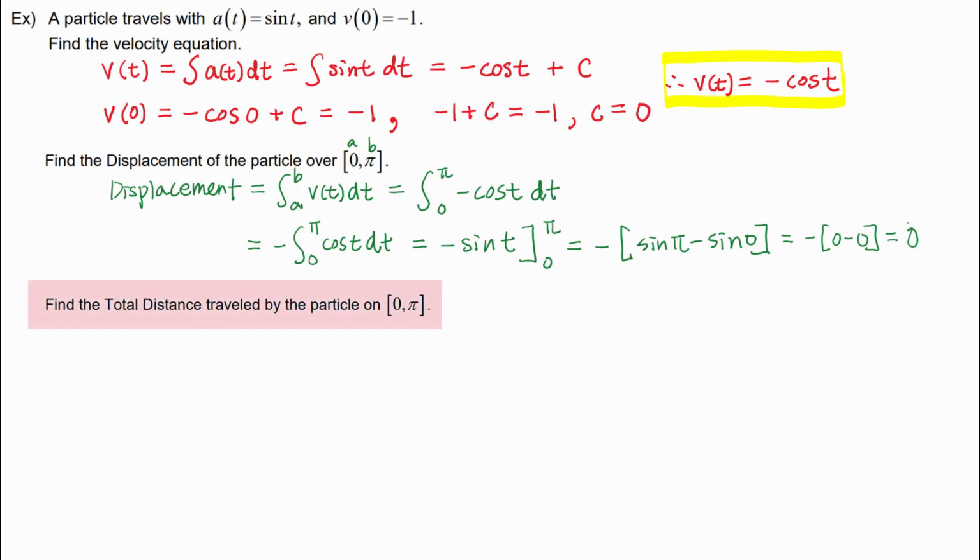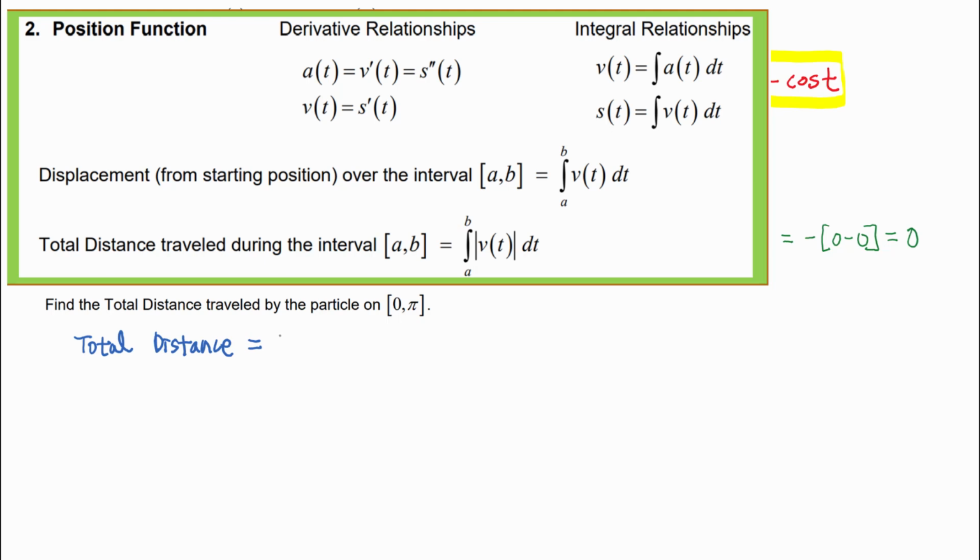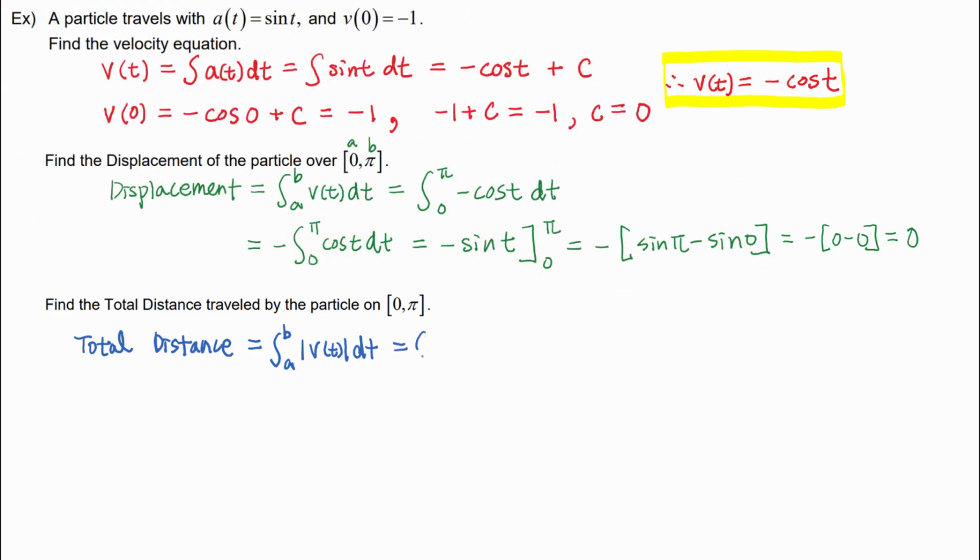Find the total distance traveled by the particle on 0 to pi. So now, the total distance can be found by taking the integral from a to b of the absolute value of v sub t dt. And it is the integral from 0 to pi of the absolute value of negative cosine t dt. Now, the absolute value of negative cosine t is the same as the integral from 0 to pi of the absolute value of cosine t dt. So let's recall what the cosine graph looks like.